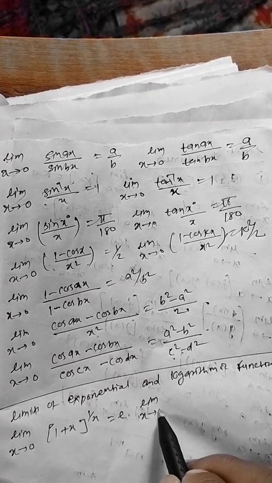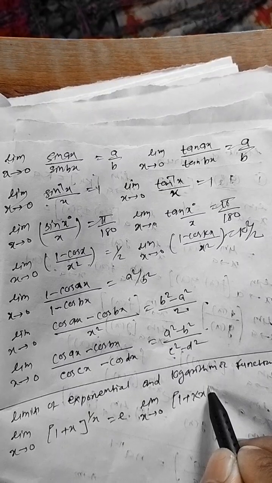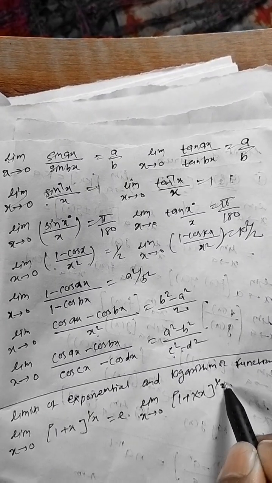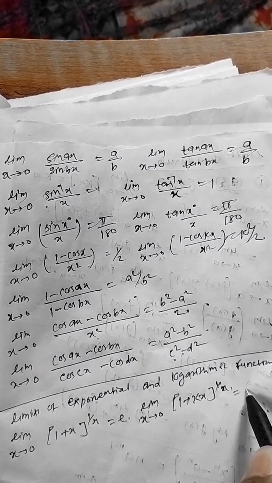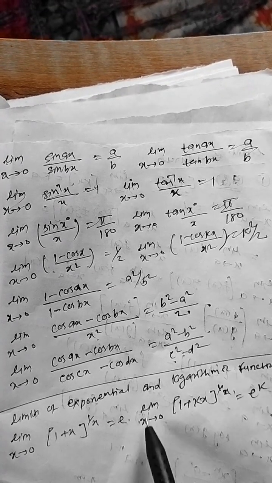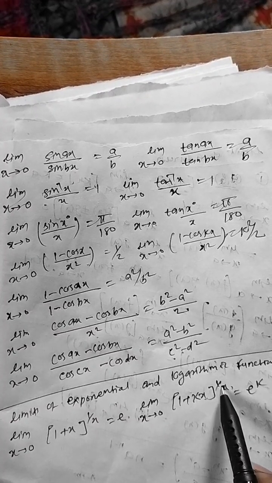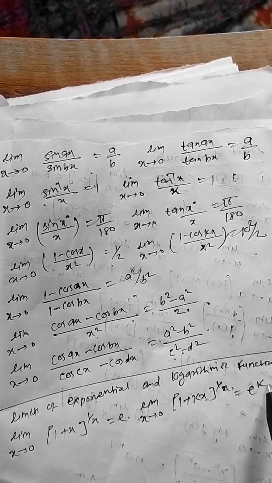Limit of x tends to 0 (1 plus kx) raised to 1 by x is equal to e raised to k.